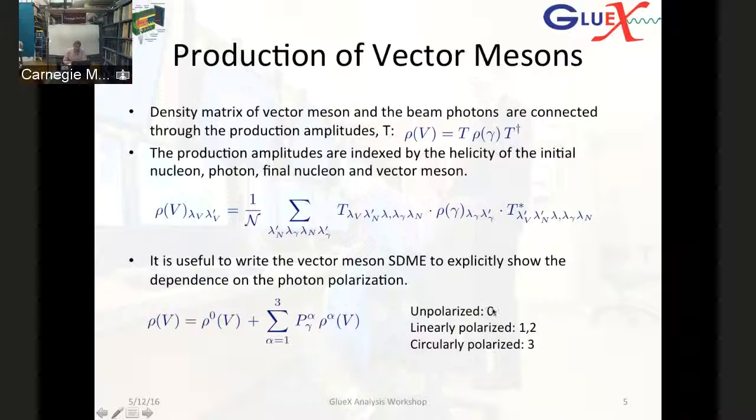So 0 component is unpolarized, that's the row 0. 1 and 2 go back to that density matrix of the photon, the cosine alpha and sine alpha, they're linear polarized, and then circularly polarized is 3. And so it decomposes into this sort of sum here. So there, the total density matrix is the thing you could measure with unpolarized photon beams, because the vector meson is self-analyzing, and then things that require either linear or circularly or some combination thereof polarized beams that decompose this.